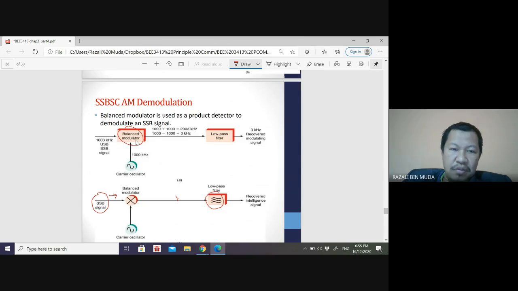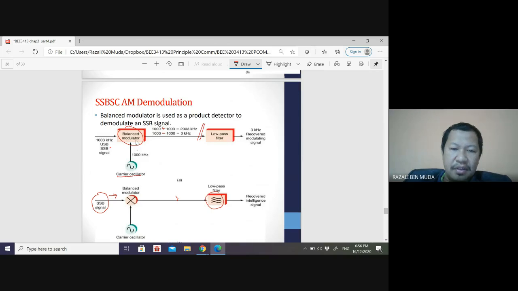At the balanced modulator, the incoming signal is mixed with the signal from the carrier oscillator, so you will have two different frequencies, one is plus and one is minus.